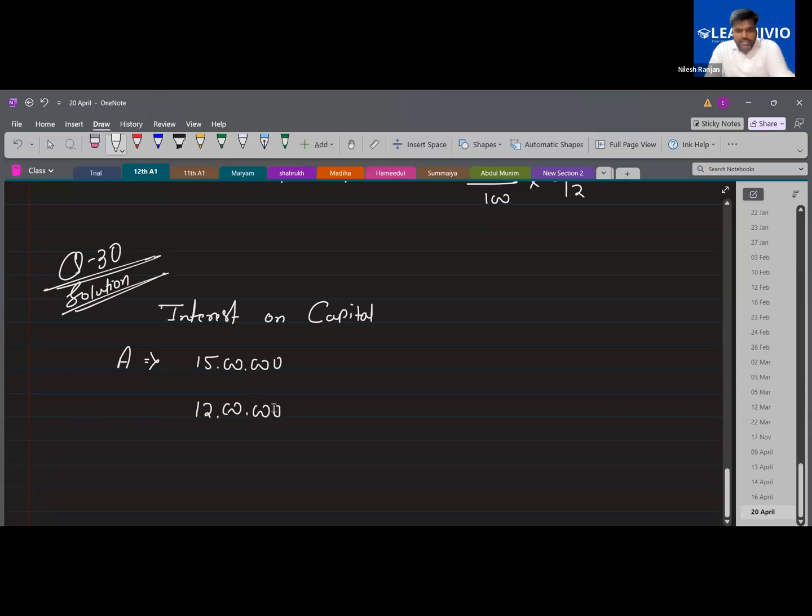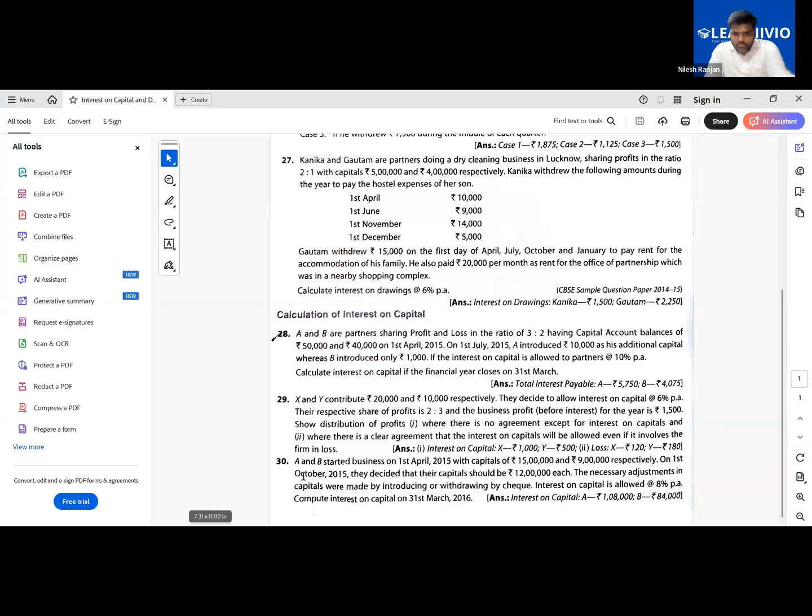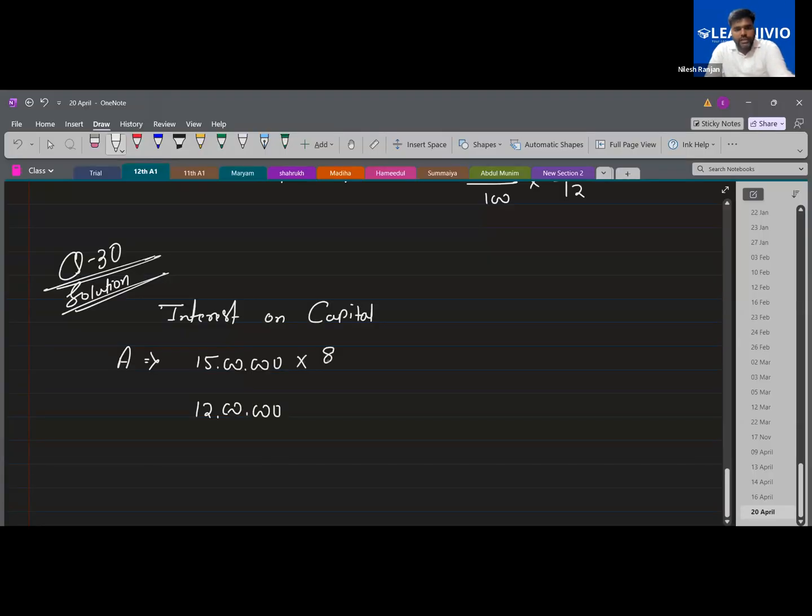The rate of interest is 8% and the time is up to 1st October 2015. So into 8 by 100 and the time will be April to October, it will be 6 months. So 6 by 12. So we have kept 15 lakh in the business for 6 months and 12 lakh for 6 months. That's why we are calculating interest for 6 months on each amount.